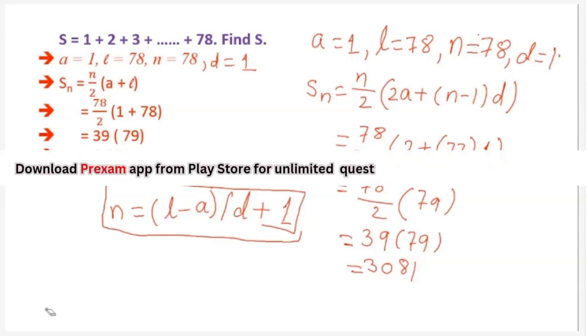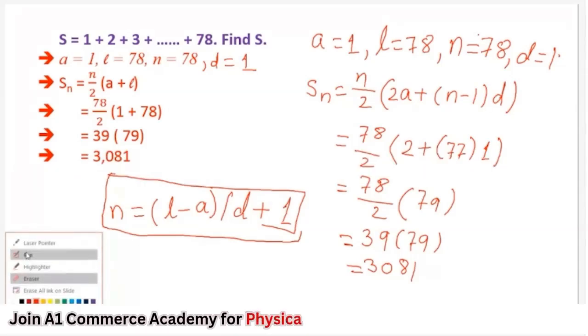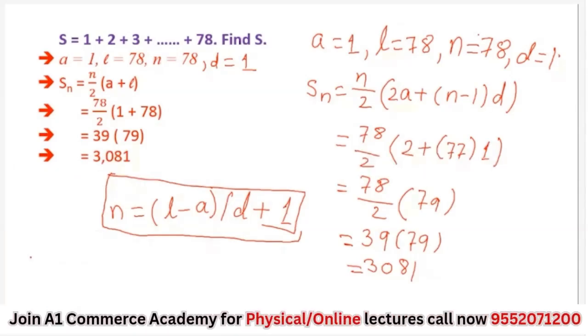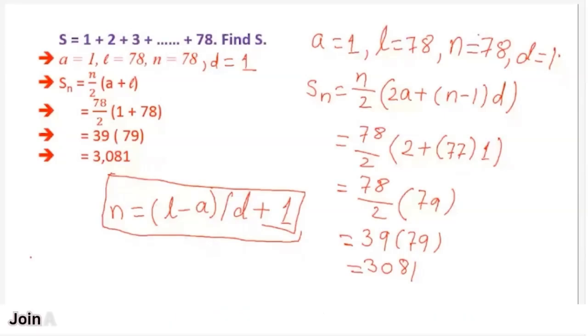Fine. L is the last term minus the first term divided by D. D is the difference plus 1.